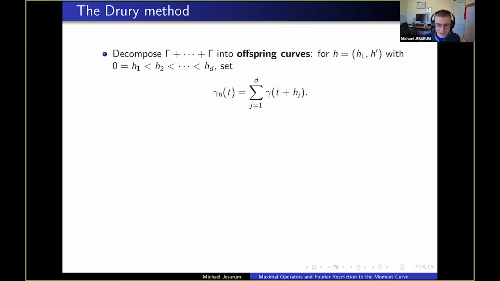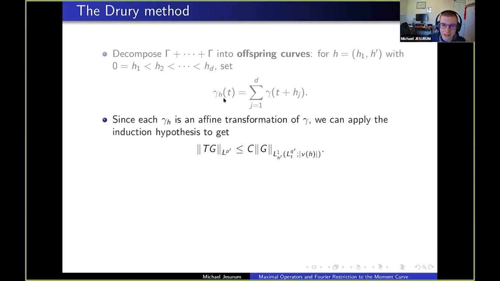And then we raised things to the power d, and we're ending up with all sorts of gamma h's, which are essentially copies of the original curve for h that looks vaguely like this. And these are maybe thought of as the offspring of the original curve, the children of the curve.